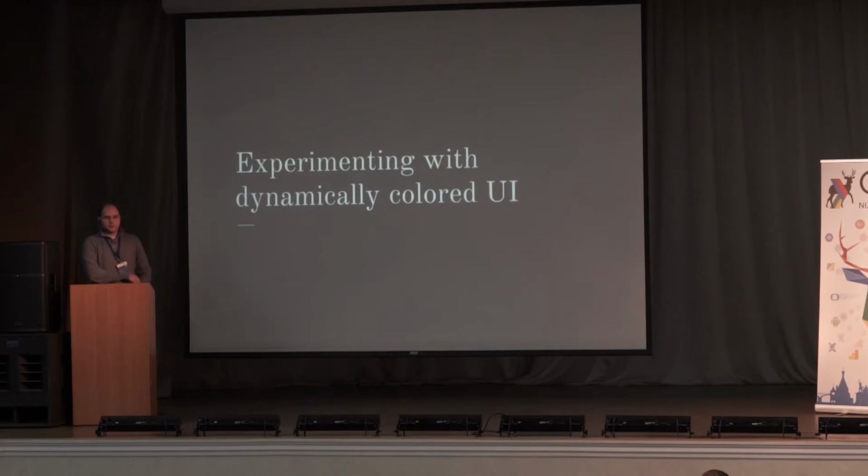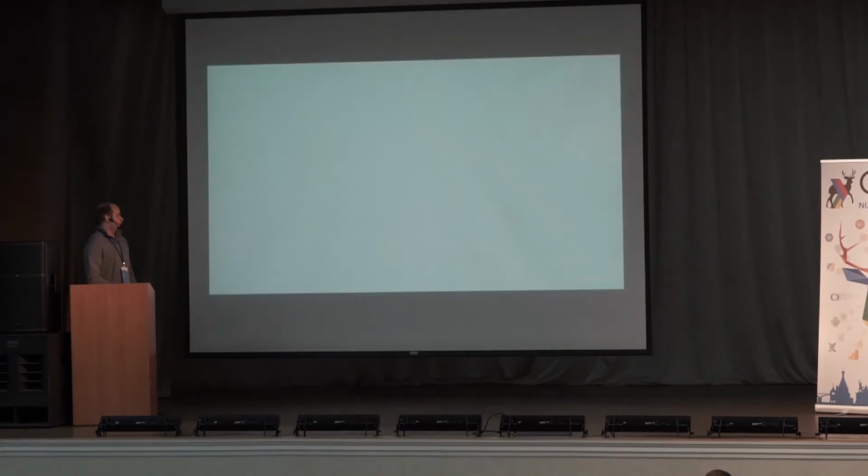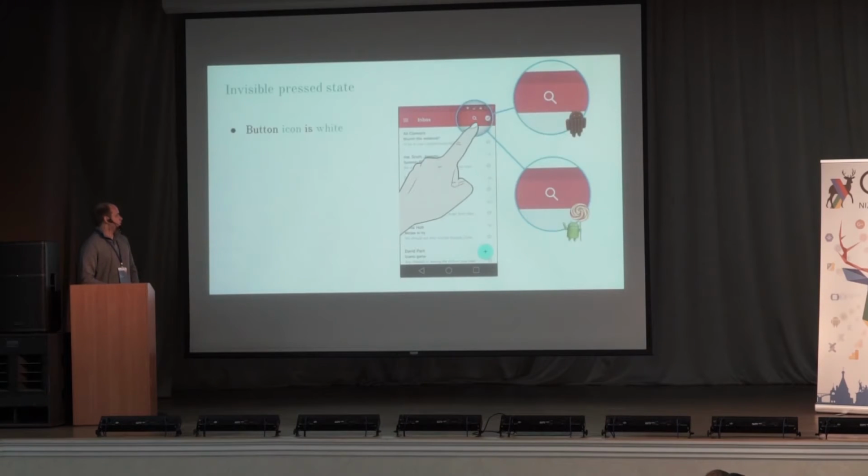Okay, so we've gone through a lot of stuff, and I did a small example of how this can be useful in an app. Let's say you're building this app, and then you have this animation, which should have been faster, but okay. So the button icon is white. Highlight is also white, and highlight only appears in the pressed state.